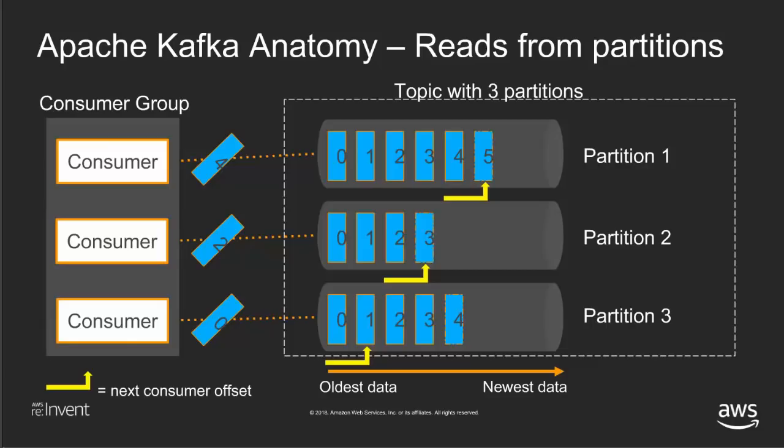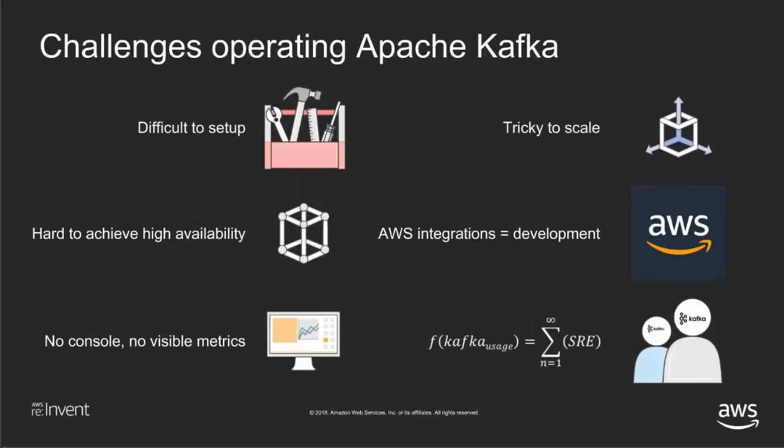The next record it's going to read is the next record that came in, which is record 5. And in the case of partition 3, that consumer is a little bit behind, and its offset is staged to read the next record 1, but it will most likely catch up in this scenario.